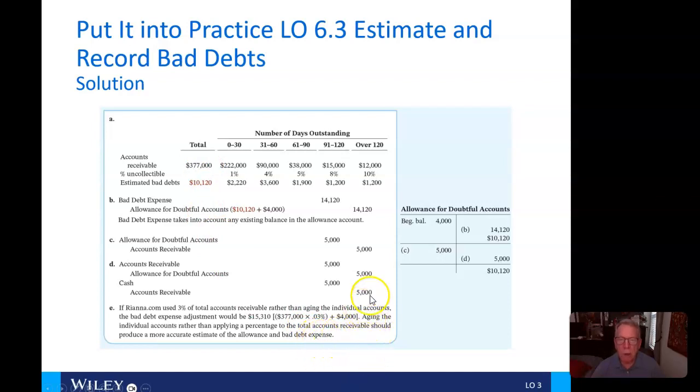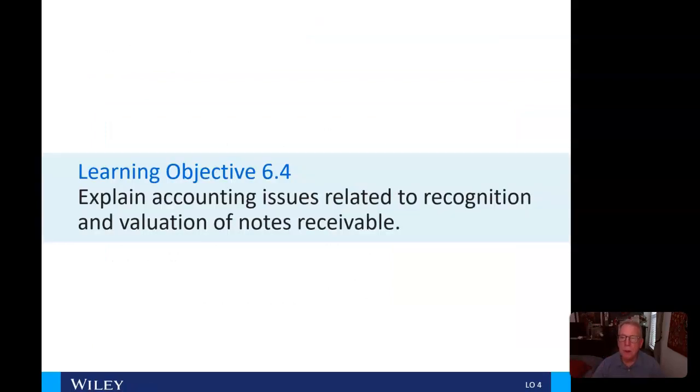And so 11,310 plus the 4,000 debit balance that's already existing, we add those two together to get 15,310. And so aging the individual accounts rather than applying a flat percentage to total accounts receivable would, as I've mentioned, provide a more accurate estimate of allowance for doubtful accounts and bad debts expense.